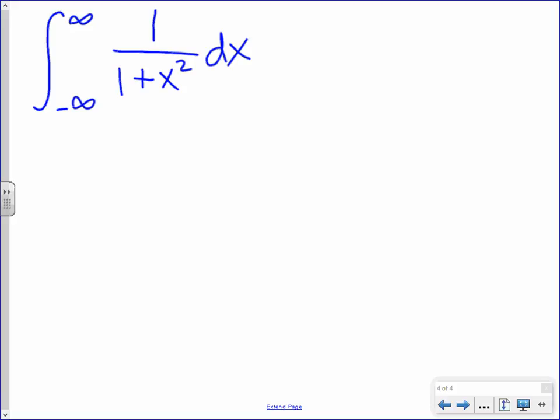Okay. So we have both limits that are infinite. Well, first let's break it up into two integrals. Where do you want to make the break? 0 sounds fabulous. So let's write this as the integral from negative infinity to 0 plus the integral from 0 to infinity.